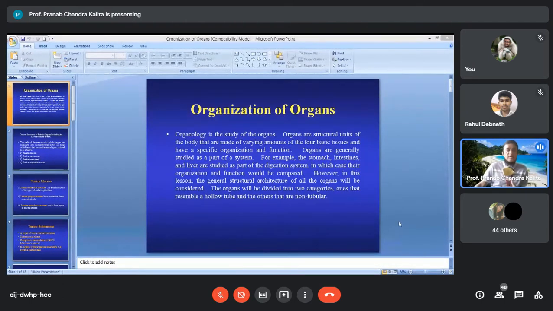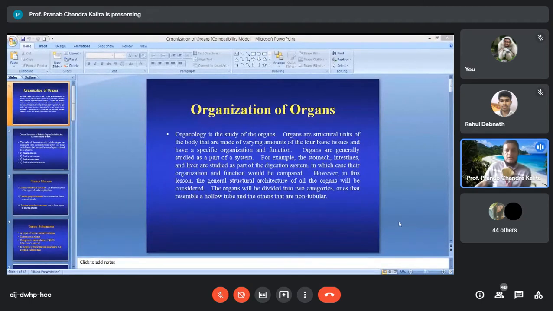Suppose the organs of the digestive system like the tongue, the mouth cavity, the pharynx, the esophagus, the stomach, how they are organized. Similarly, the organs of the respiratory system, the organs of the immune system, how they are organized. That's why it is called organology. Organology means the study of the organs.